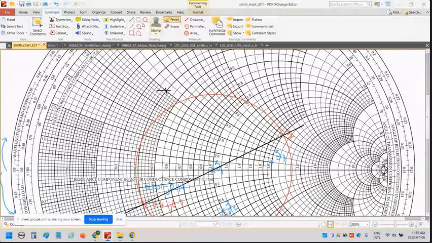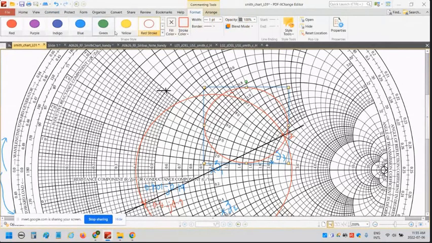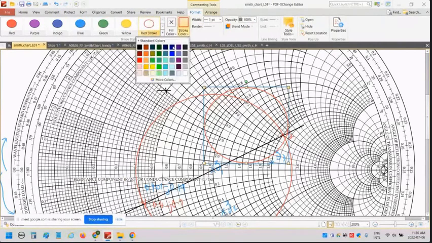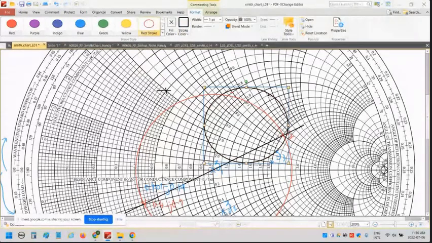And then you should draw a circle. I change the color. The center of the circle is here, and it must go through this point.